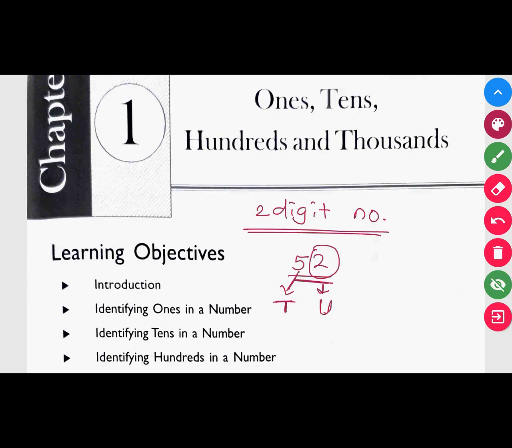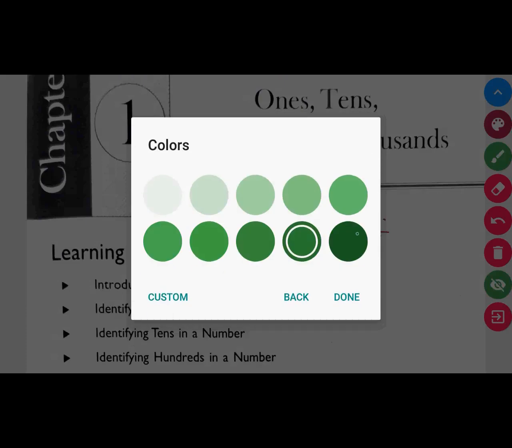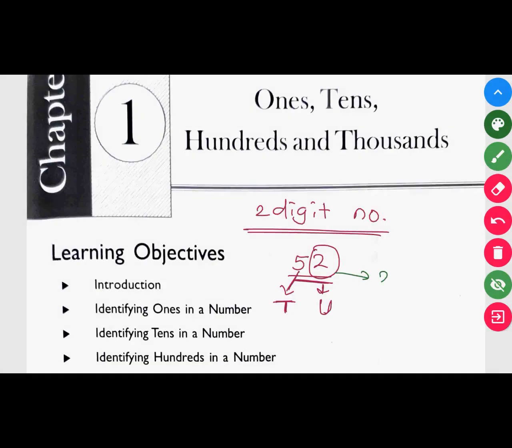If I ask how many ones are there in the number 52, there are two units in number 52 and there are five tens in number 52.